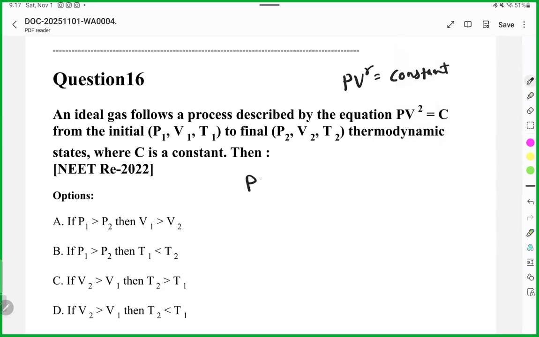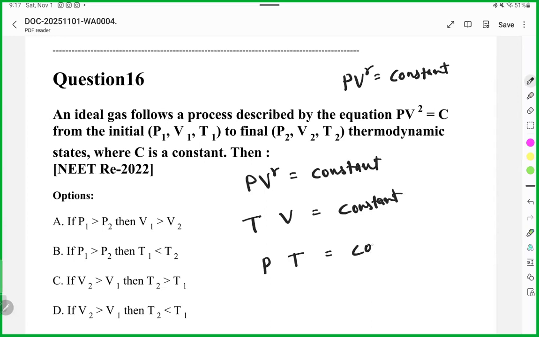If PV^gamma is equal to constant is given, then you have to tell me what will be the TV powers, and you have to tell me what will be PT powers. All three will be constant. Calculate. We did in class, but you have to solve it now.